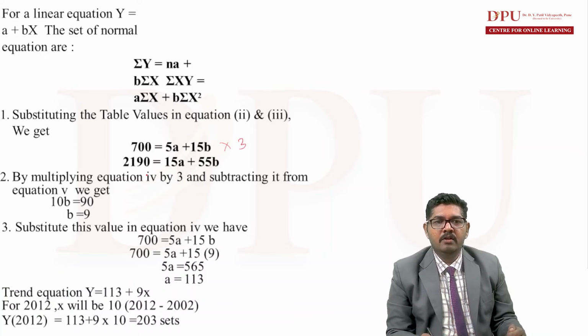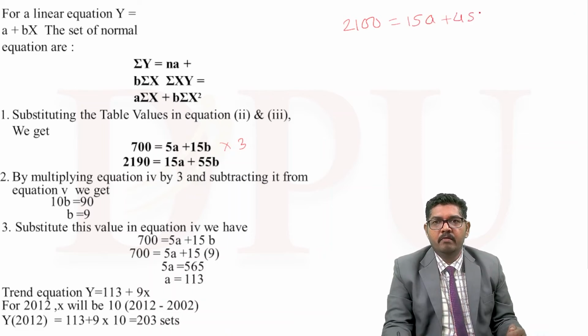What we will get, I'm writing it here. 7 3s are 2100. This is equal to 15a plus 45b. And the second equation we will write as it is, 2190 is equal to 15a plus 55b.